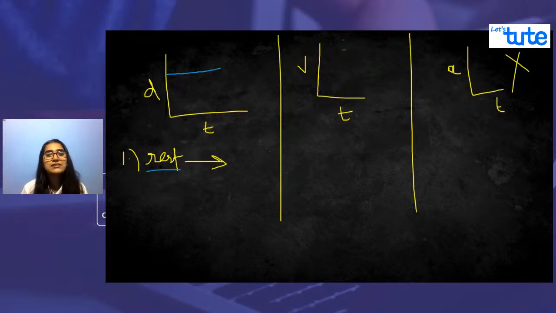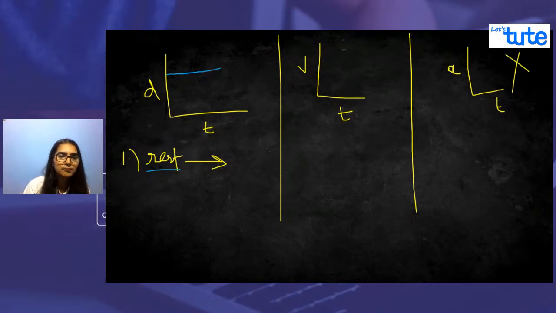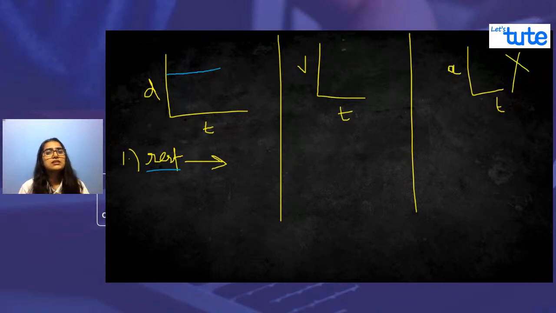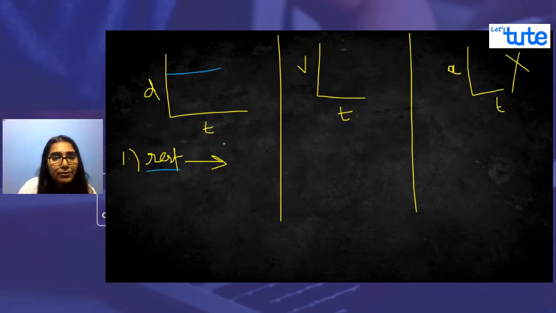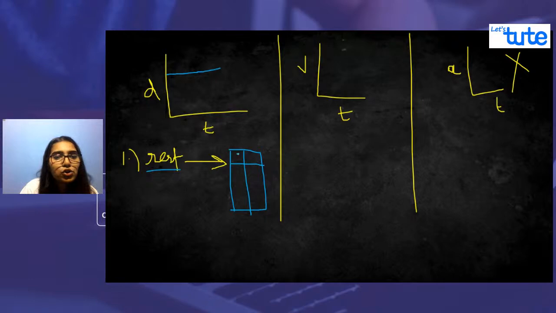A distance-time graph is the graph between the distance covered by a body with respect to time. For example, if I'm trying to plot a graph, say there is a body. First the body covers 2 meters in 10 seconds.